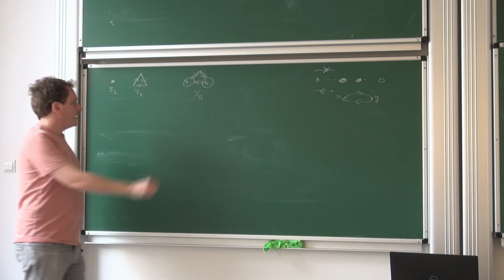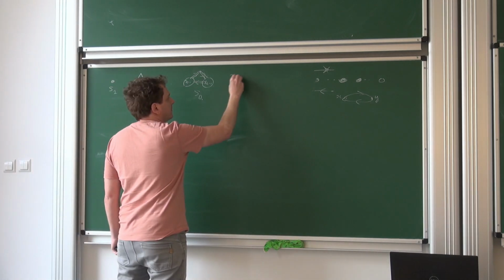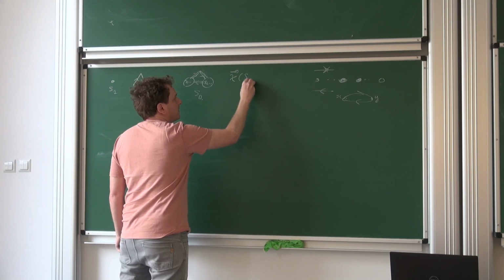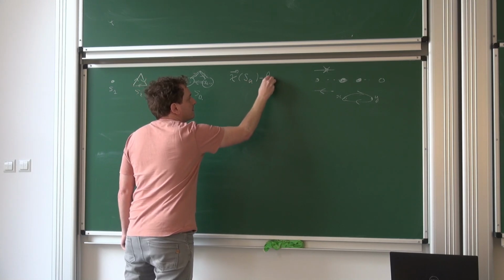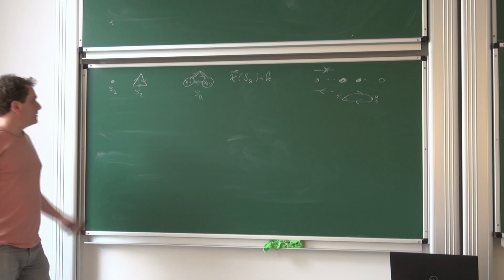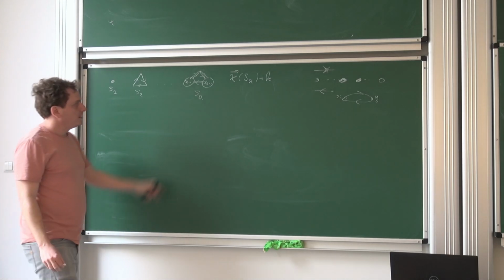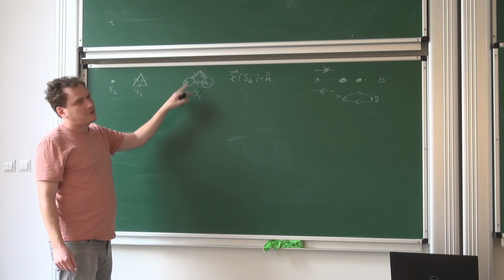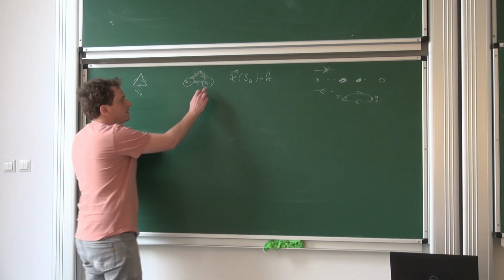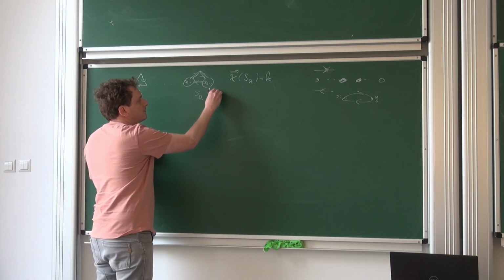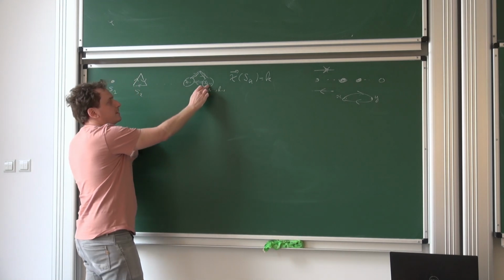Okay, and I claim that chi of S_k equals k. Why is that? It's true for S1. Assume it is true for S_{k-1}, and try to color that with k-1 colors. Then you need all the k-1 colors for this copy of S_{k-1}.